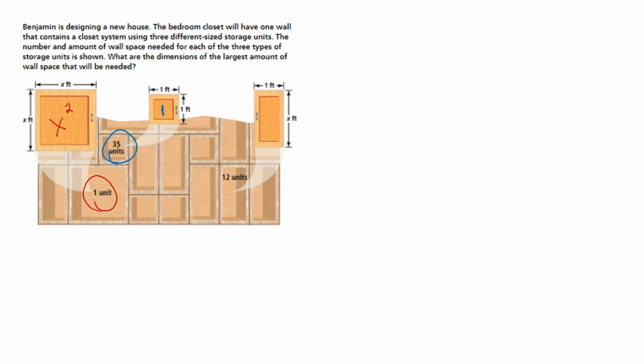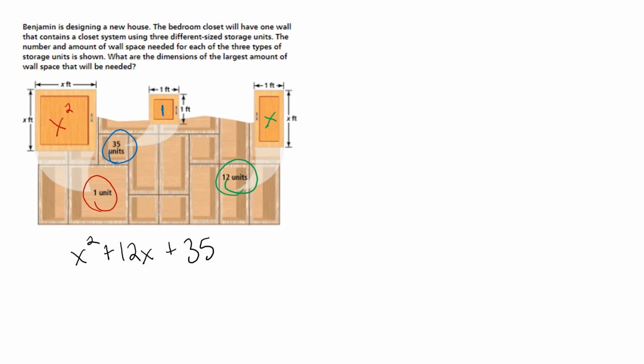And we have 1 times x, which is x, and there's 12 of those. So the first step is to write the equation. Being that we're going to make it as big as possible, that means we're going to have to use all of the possibilities. We're not going to leave some out, because if we did, it's not as big as possible. So we have 1x squared. We have 12 x's. And we have 35 ones.